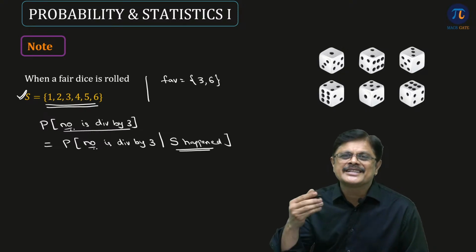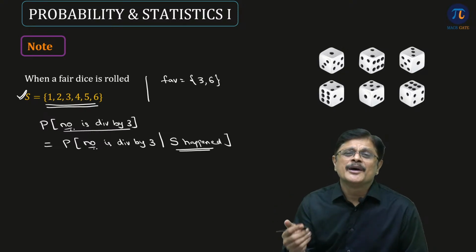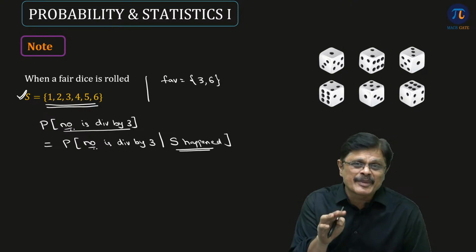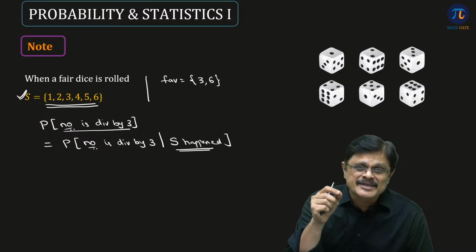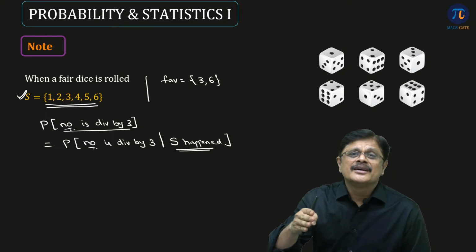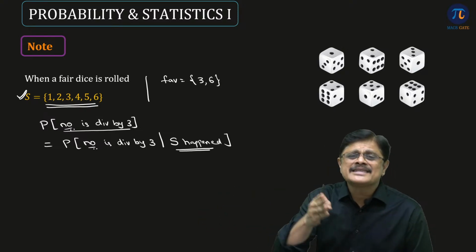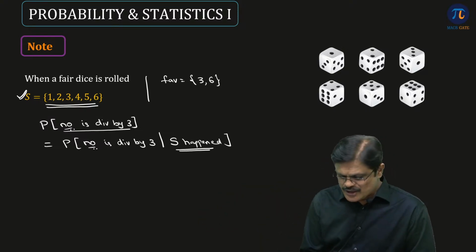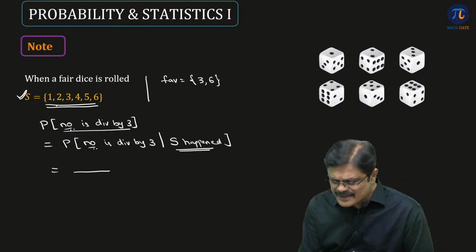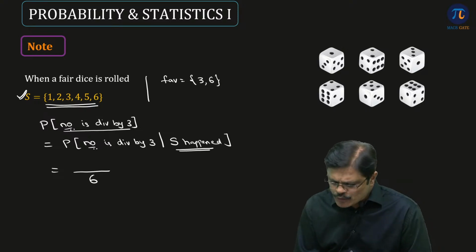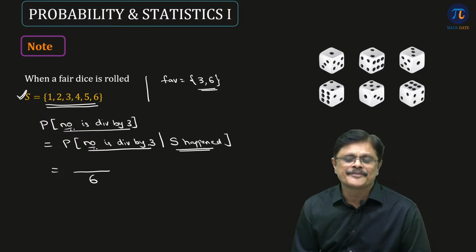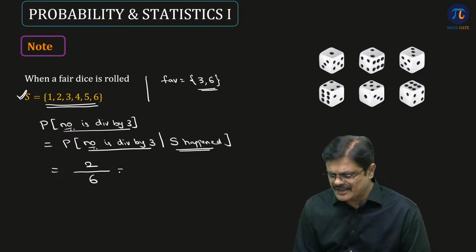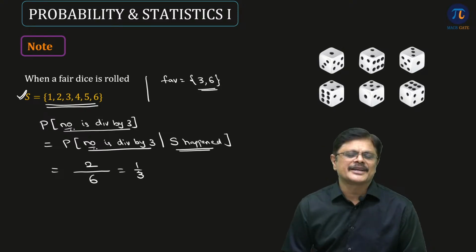But internally, this is what you mean by the probability that a number is divisible by 3. What is the inner meaning? Probability that the number is divisible by 3 when the dice is rolled, or when the sample space happened. Sample space means 6 outcomes happened. Out of these 6 outcomes, 2 are favorable for this event, and that is 1 by 3.